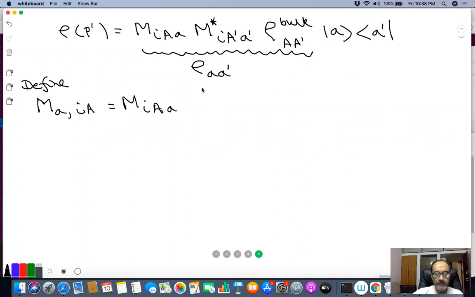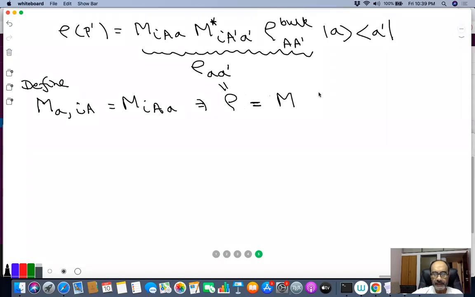So then we can write rho in the matrix form. This is the matrix interpretation of rho A prime. So I can write this as M, because A is the first index, IA is the second index.